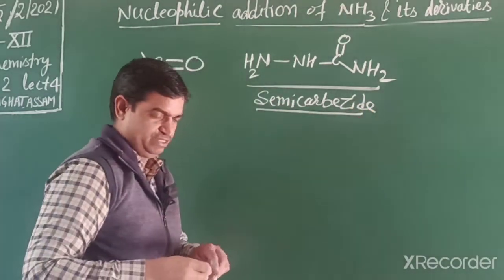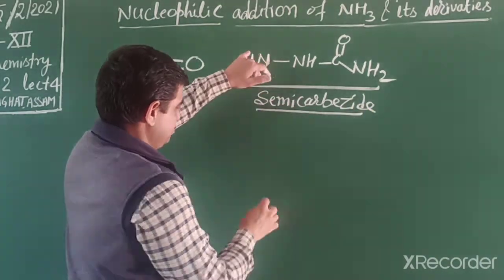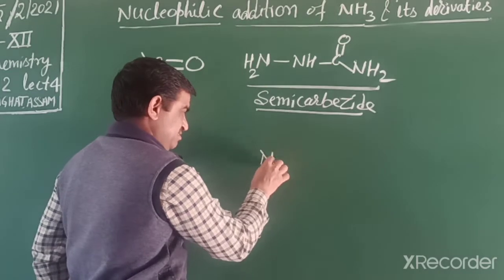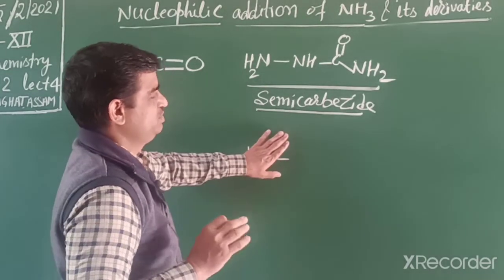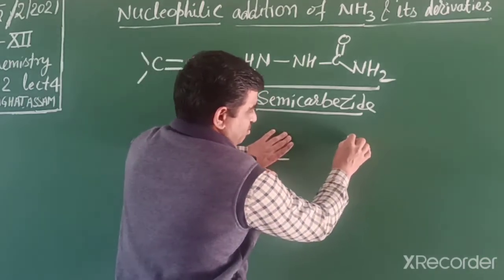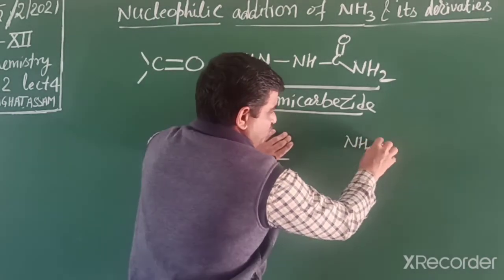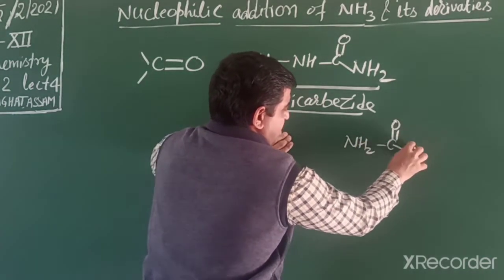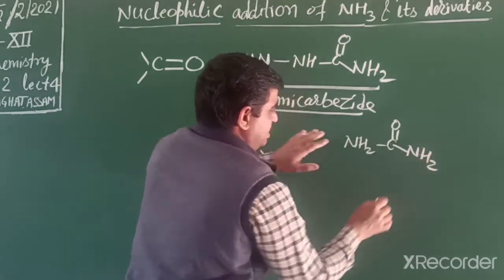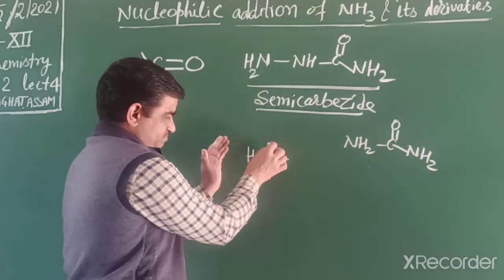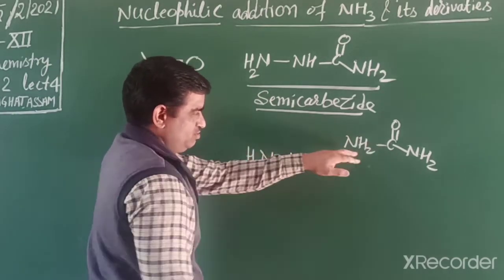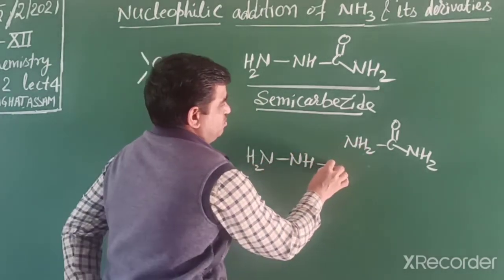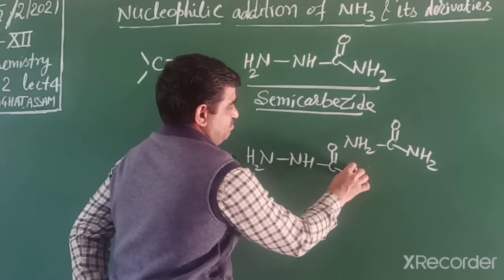How can we remember this compound, students? First write ammonia and its derivative, we remove a hydrogen, then we add urea, NH2CONH2. When it combines with ammonia, one hydrogen is removed, so that is semicarbazide.